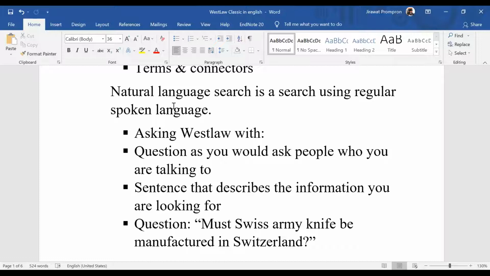You don't need experience in searching before. You don't need training in using and or not. You don't need to know about the blanket, the asterisk, or what the quotation mark means. So it is easy to start with natural language.